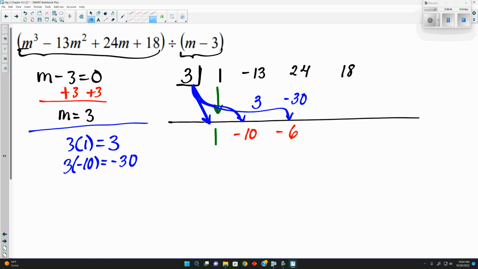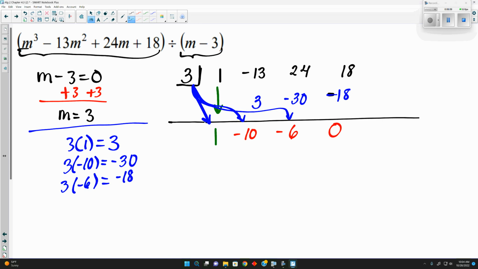We multiply it by 3. Negative 6 times 3 is negative 18. Add straight down. Do we have any numbers after that? Okay, so we stop there. Questions on this so far?